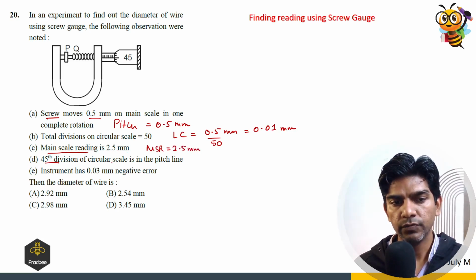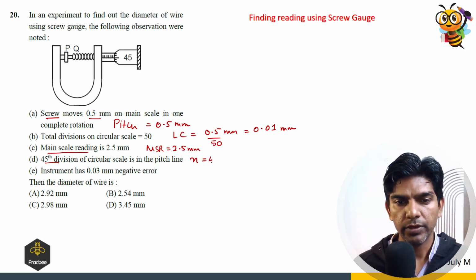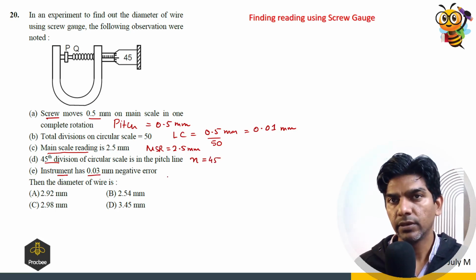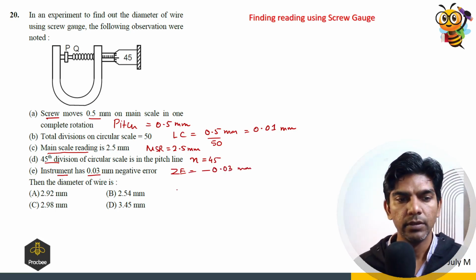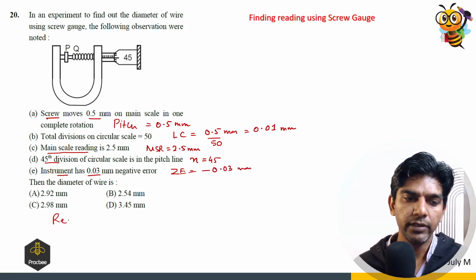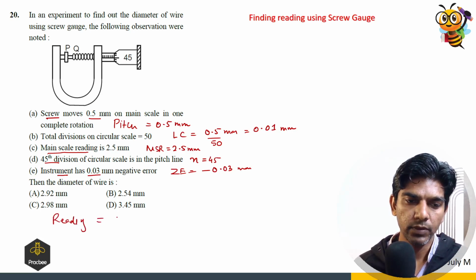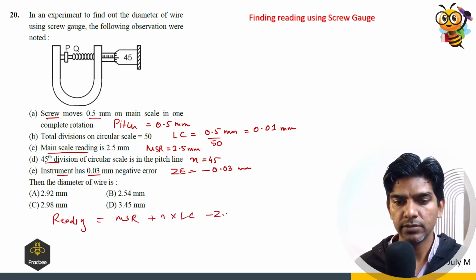45th division of the circular scale is in the pitch line. So pitch line is nothing but the reference line. So N is 45. Instrument has 0.03 millimeter negative error. So 0 error is minus 0.03 millimeter. Now what is the diameter? So the reading will be main scale reading plus n times the least count minus 0 error.